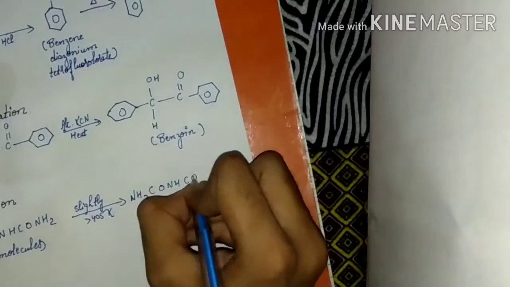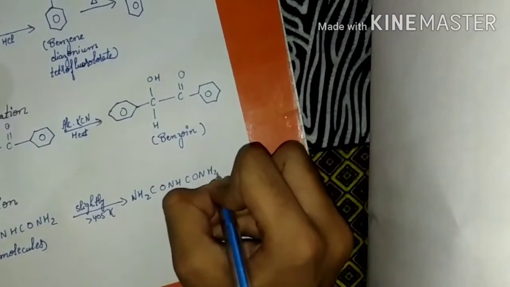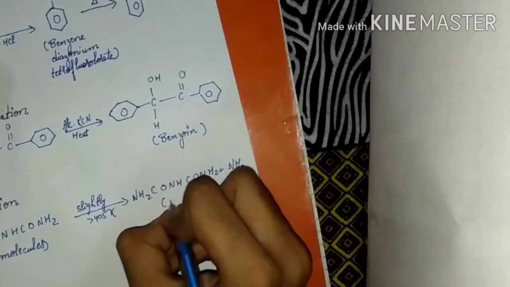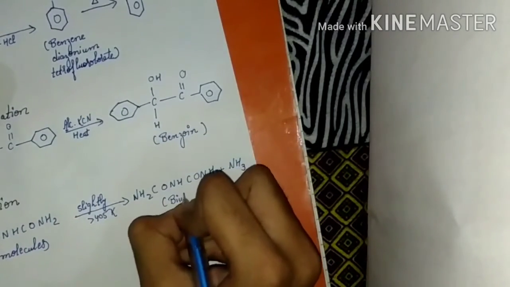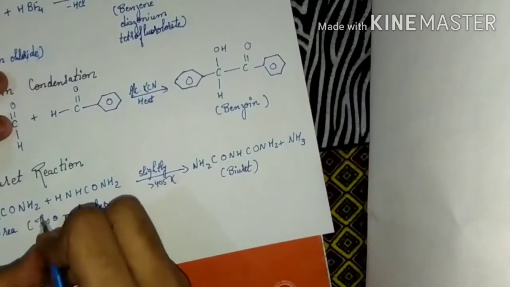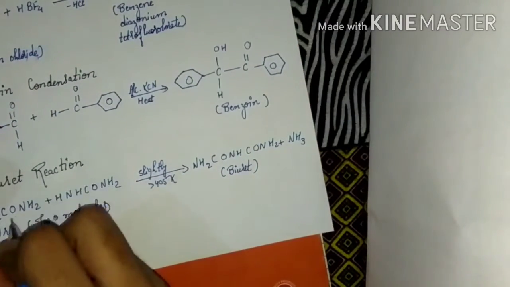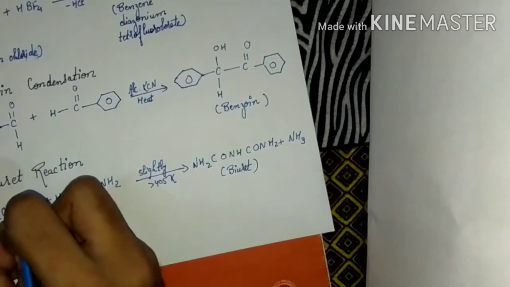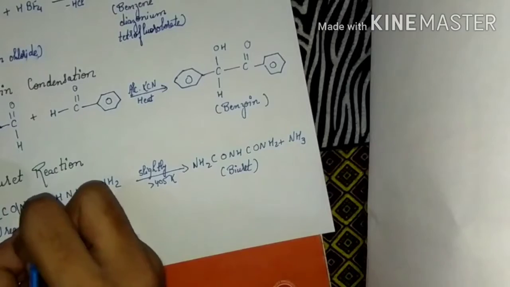This is biuret plus ammonia. Okay, let us write in the bracket, this is biuret. So what happens here is the precipitation takes place like this.